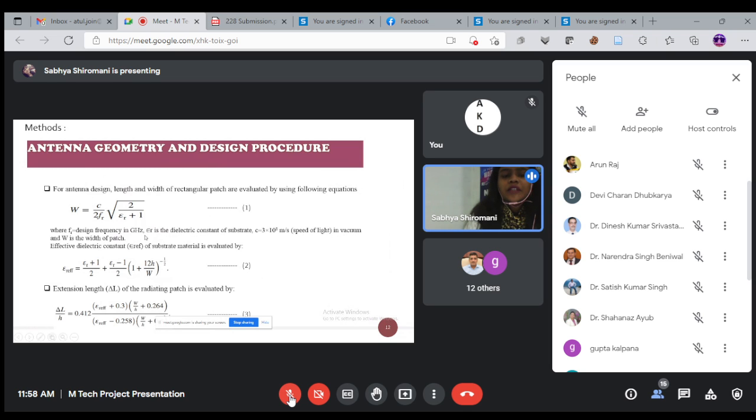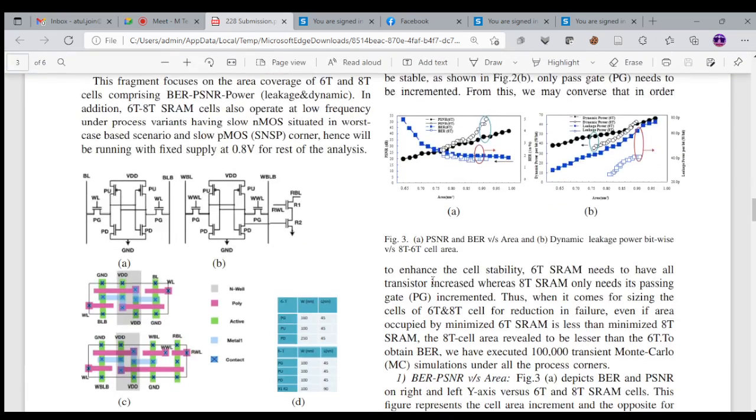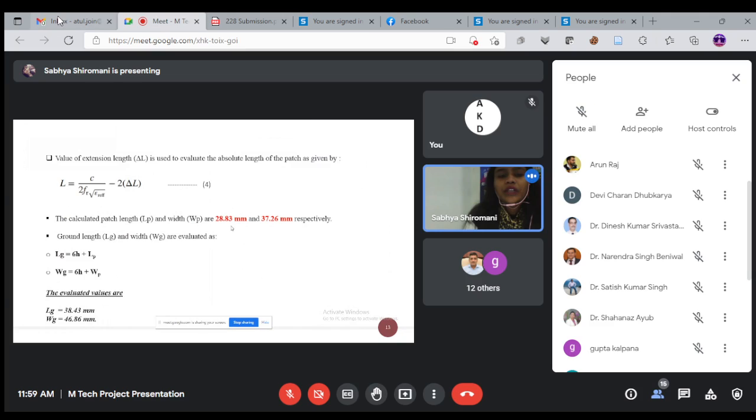Thereafter, epsilon r is the dielectric constant that I have taken in my procedures, which is 4.4, and we will be finding the extension length in order to obtain the length of the patch, which is reflected in this slide as well in equation 4. Hence we can calculate by putting the value of epsilon r, and after calculating the effective epsilon, the values are 28.83 mm and 7.26 mm respectively.